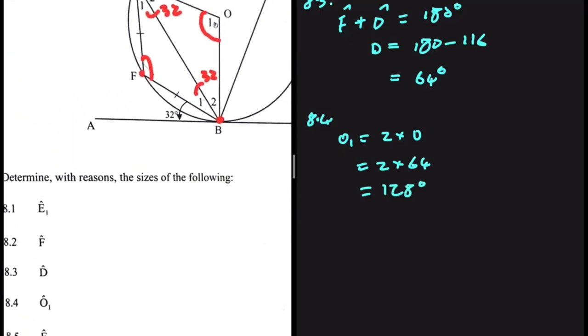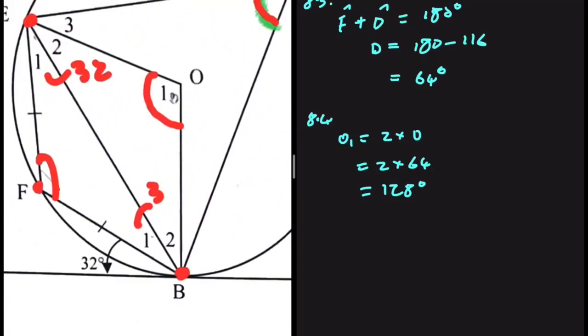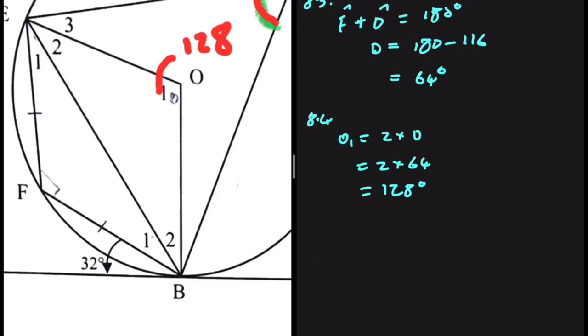The last question, we are looking for E2. So let's go ahead and see what we have for E2. Well, at this point, we know fully well that O1 is equal to 128, but OB is a radius and OE is also a radius.